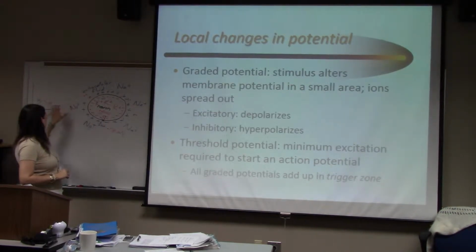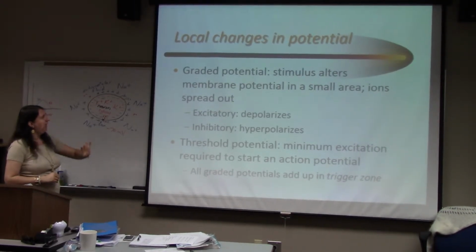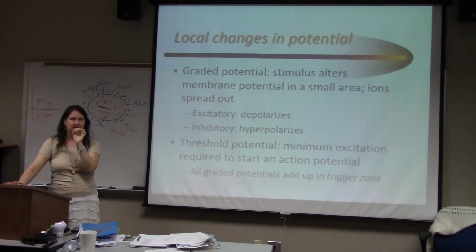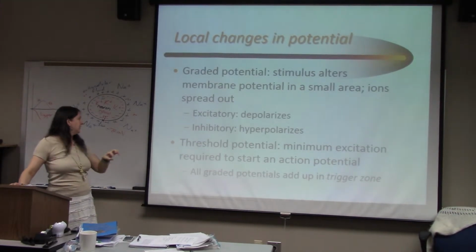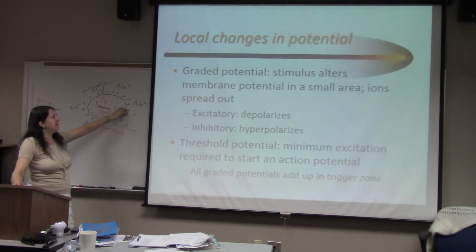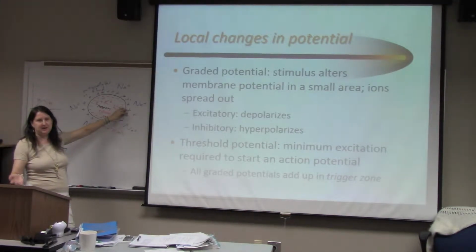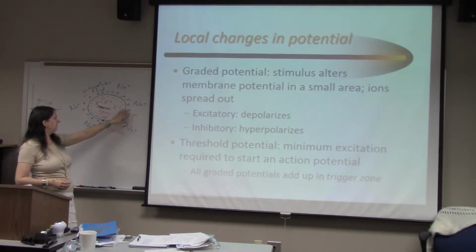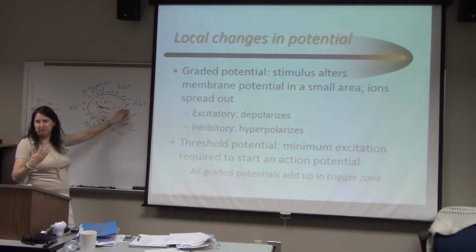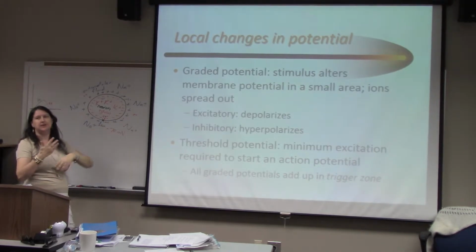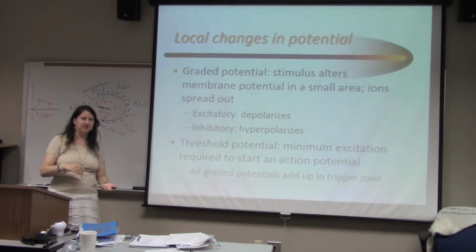So these changes happen in a small area of a neuron, just one section of membrane at a time. That change is called a graded potential. A stimulus causes a change in one little area. What makes it graded is like a gradient, a concentration gradient.